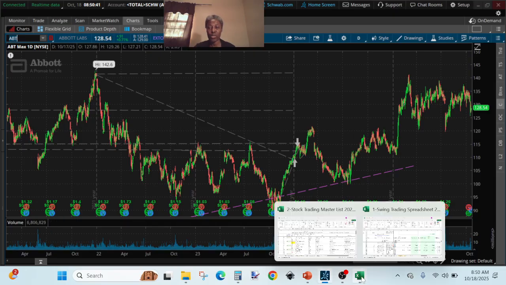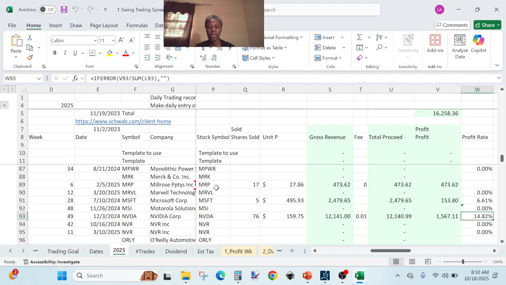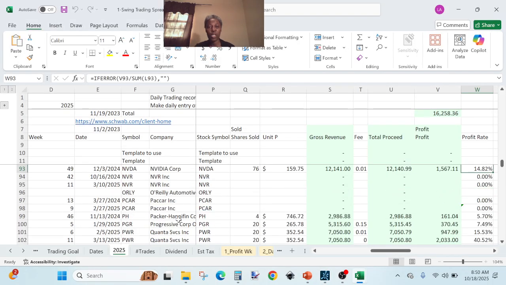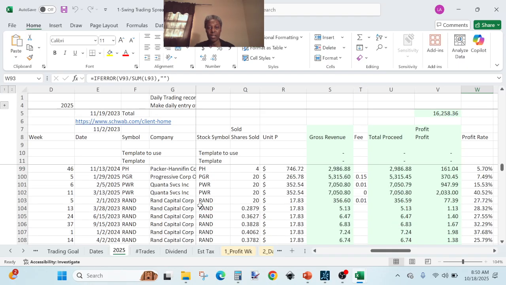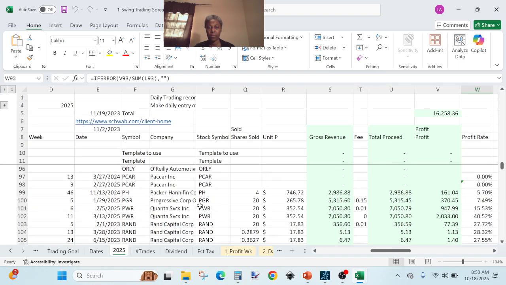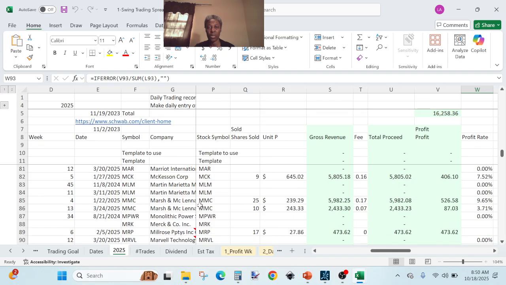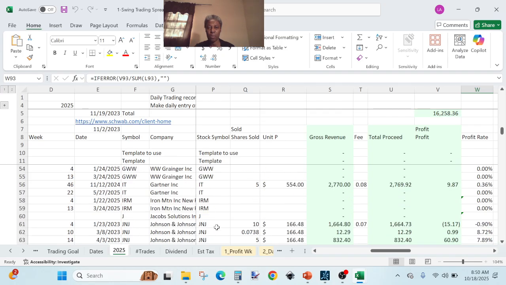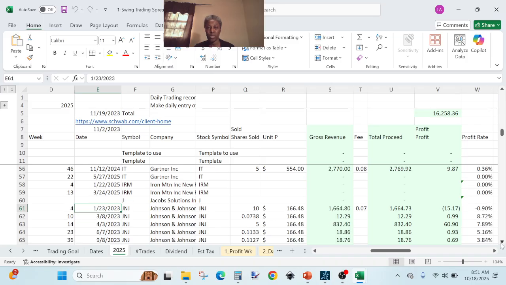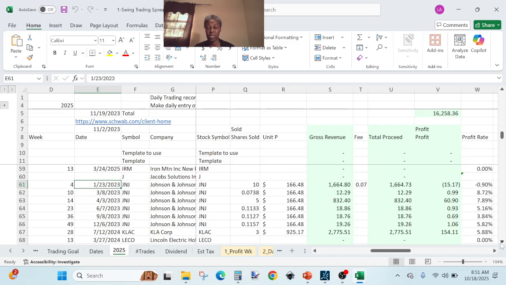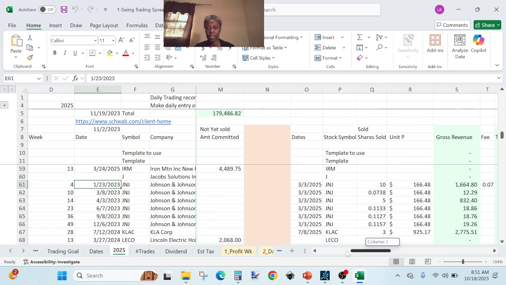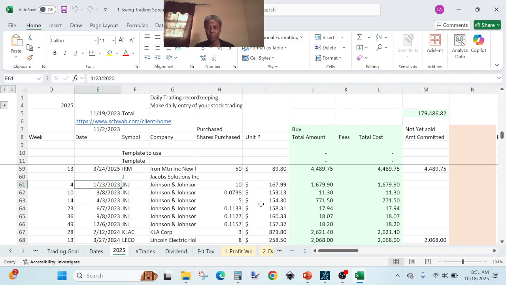And as for Johnson & Johnson, we purchased it and sold it for dividend income purposes. When we had a good profit on it, I sold it this year. We purchased it in 2023, and in 2023 we didn't swing trade. We purchased stocks for dividend income purposes, and then we reinvested the dividend for a while, and then we stopped.